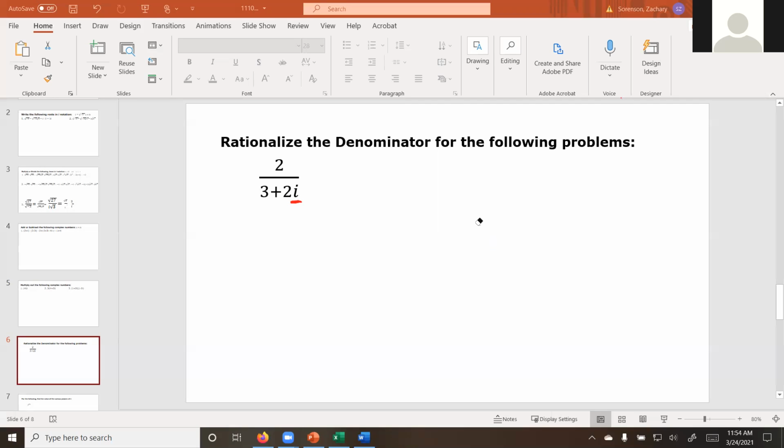Why do I not like that in the denominator? Kind of a broken record at this point. If that is in the denominator, I don't have it in this form. I don't have this nice a plus bi in just a regular sense. I have an i on the bottom of my fraction, so I don't have it in that form of a complex number. The whole purpose of this process is to resolve that issue. I don't want the i in the bottom.